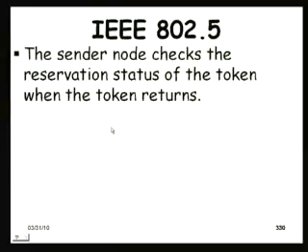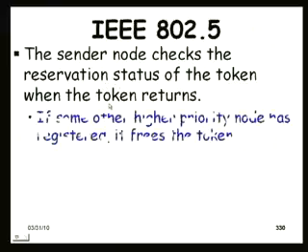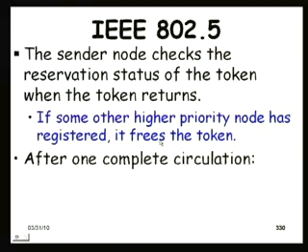and once the token is back to the sender, it checks the reservation status, and if there is a higher priority node which has registered its priority value in the reservation field, then it puts the token in the free mode and circulates.